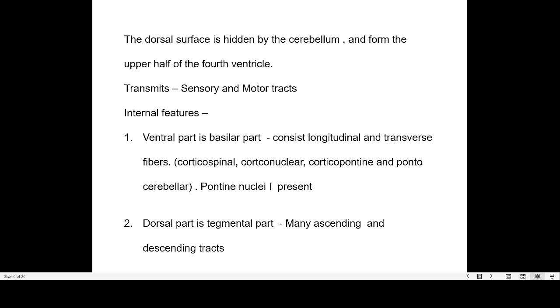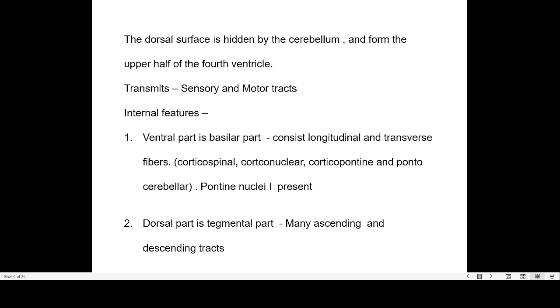This transmits the sensory and motor tracts, the groups of nerve fibers, particularly in the pons region.